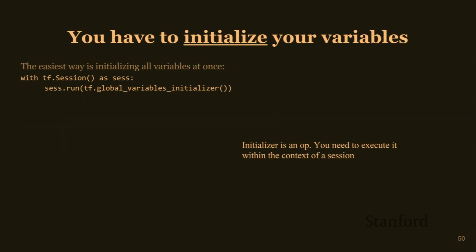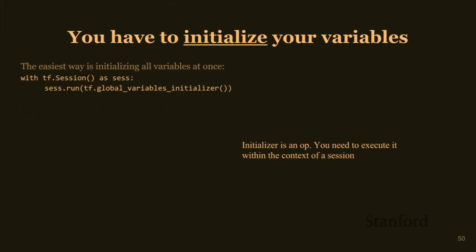So to use variables, you have to initialize the variable. Remember that the session is the one that allocates memory to store the value of a variable. So you have to tell the session to initialize the variables before you can access them.